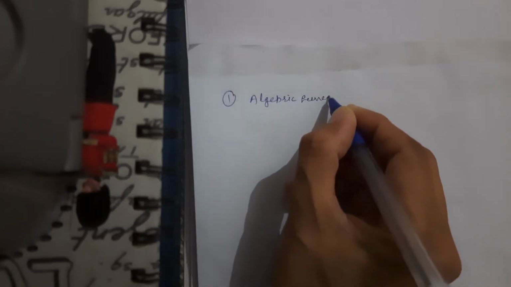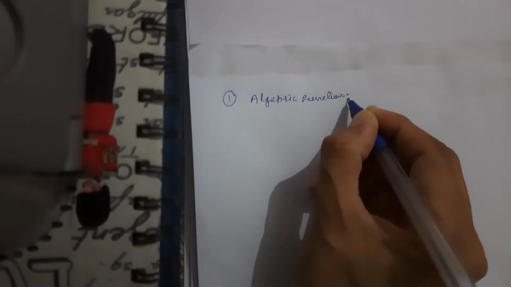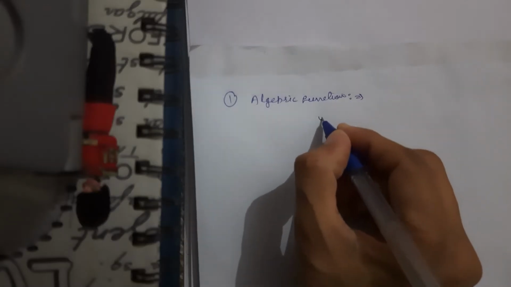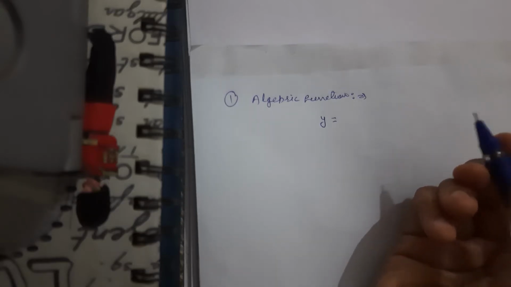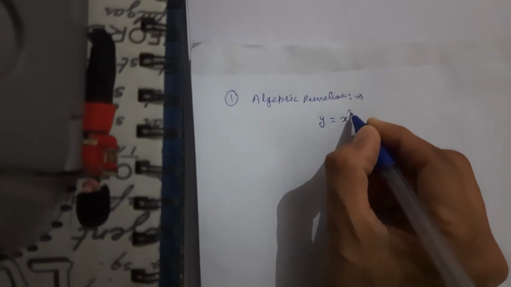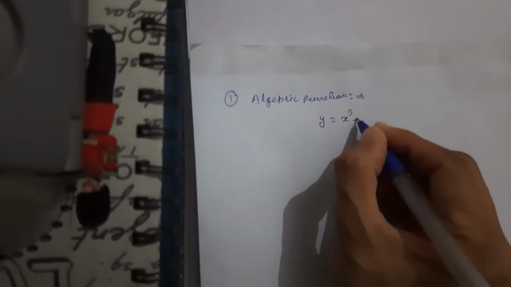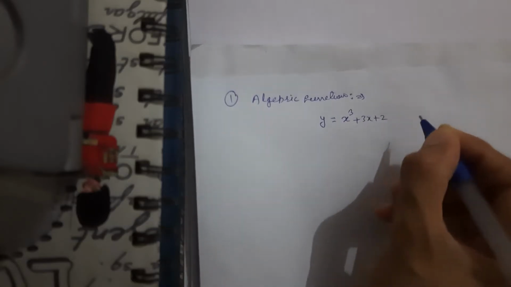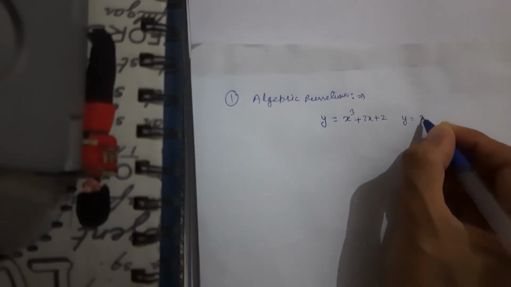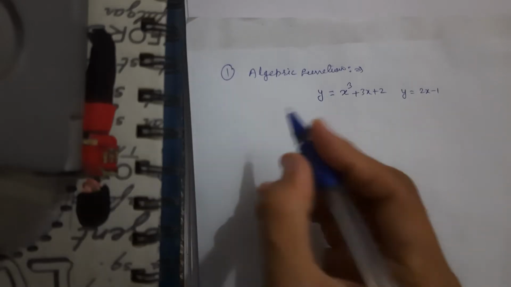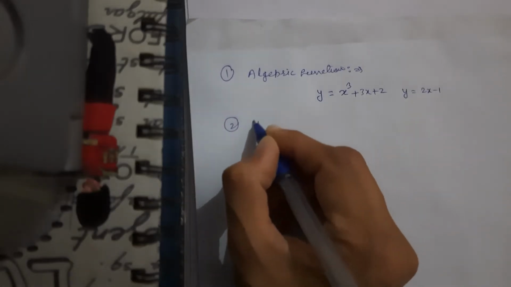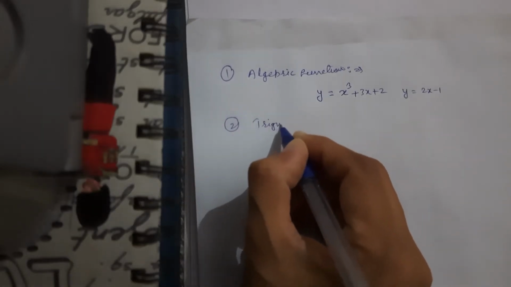If you have a function in the form of a polynomial, where addition, subtraction, multiplication and division symbols are used, then this is called an algebraic function. Example, x cube plus 3x plus 2 or y equals 2x minus 1. This kind of function is called an algebraic function. Second one, trigonometric function.